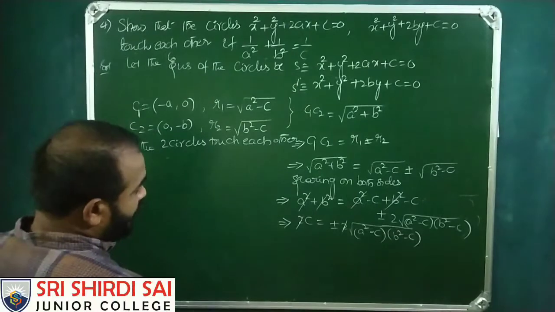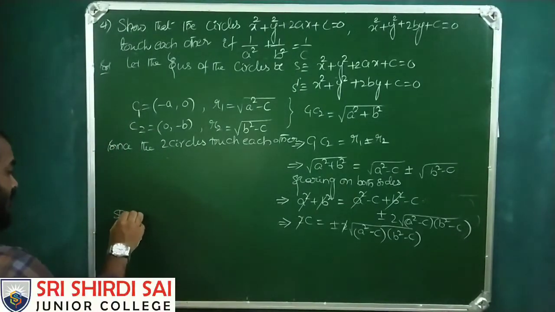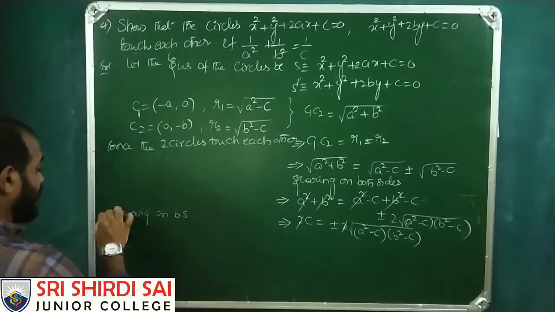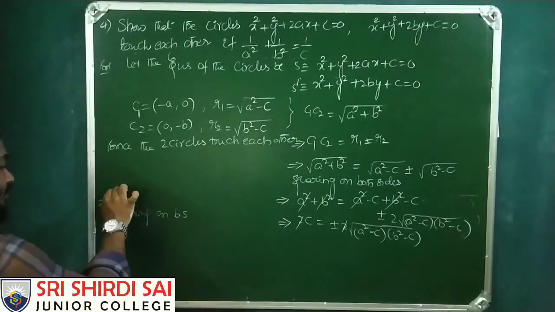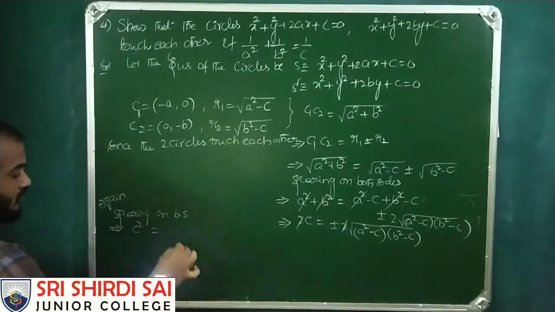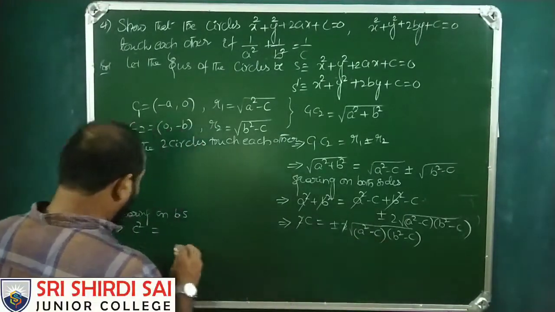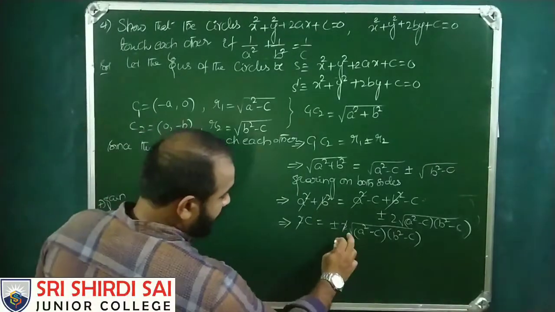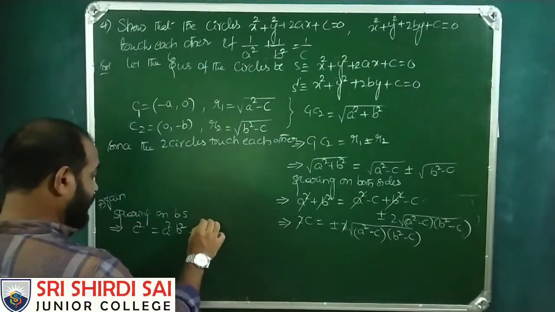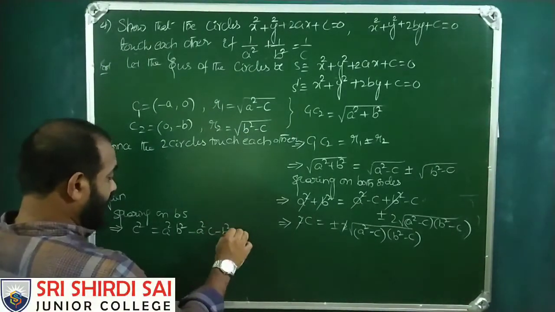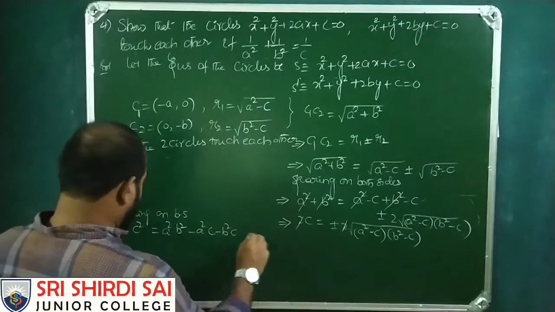Again squaring on both sides, we will be getting c square is equals to a square b square minus a square c minus b square c plus c square.